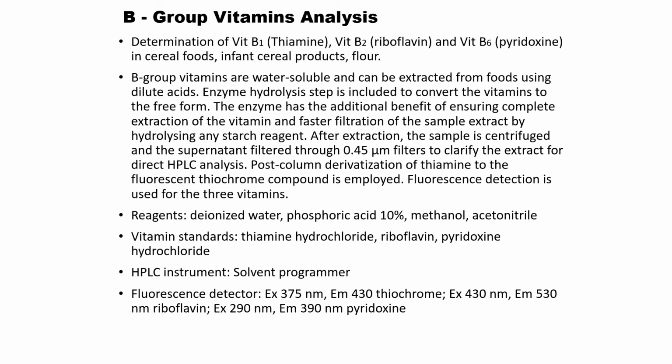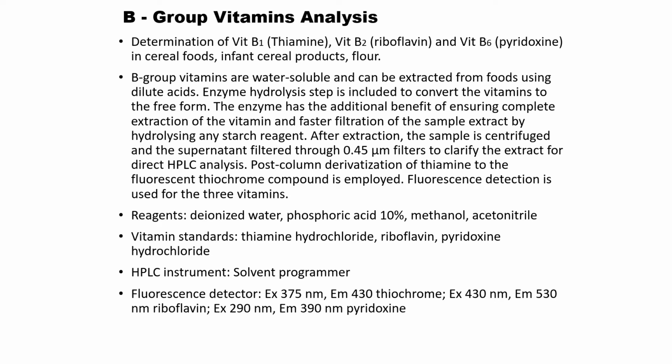The enzyme has the additional benefit of ensuring the complete extraction of the vitamins and faster filtration of the sample extract by hydrolyzing any starch. Well, after the extraction procedure, the sample basically will be centrifuged and the supernatant will be filtered via 0.45 micrometer filters to clarify the extract for the HPLC analysis.